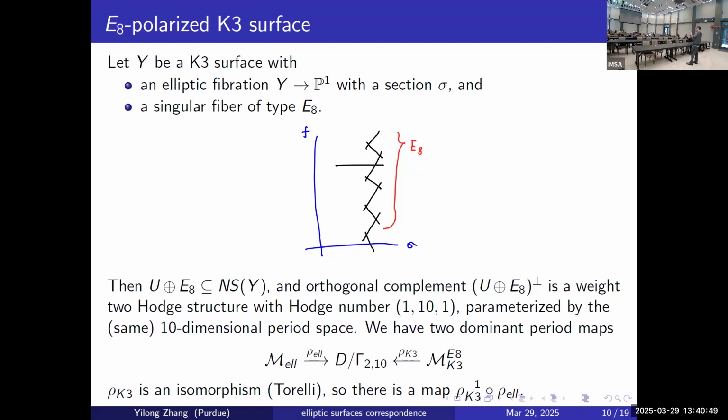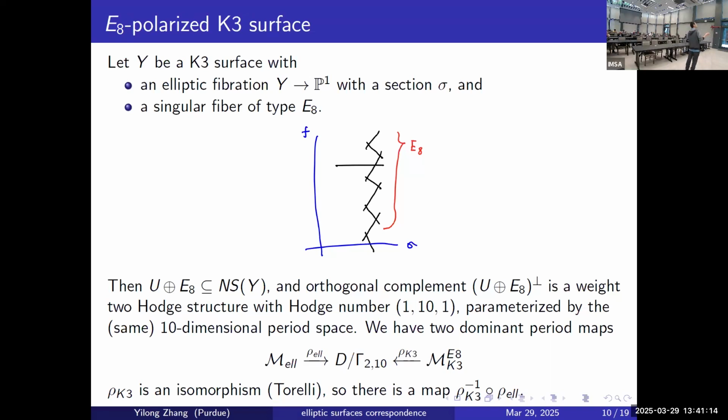So in the middle H11 is different by 10. And you would think, well, how do you recover this missing 10? One possibility is that you just take a lattice polarization of the K3. You start to assume that you are looking at the K3 surface with large Picard number, but it needs to contain the E8 configurations.